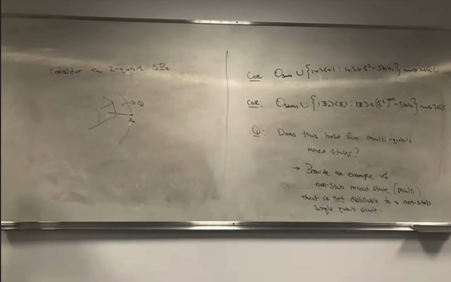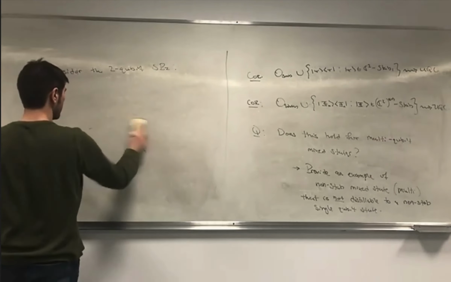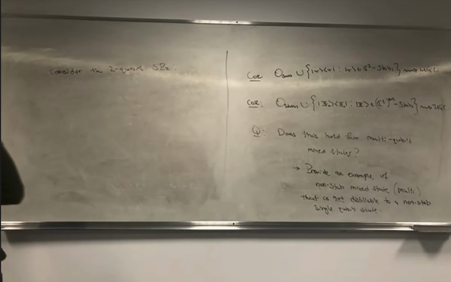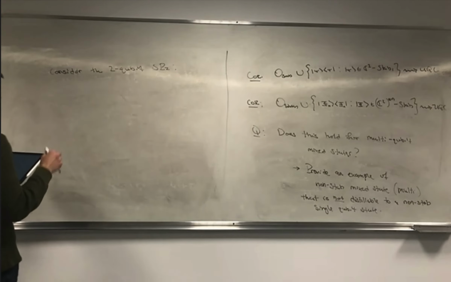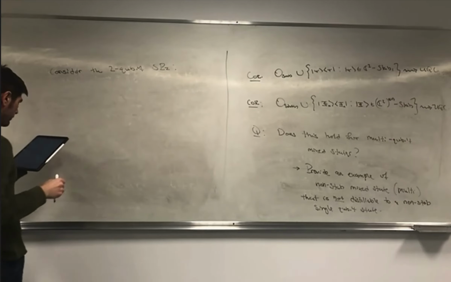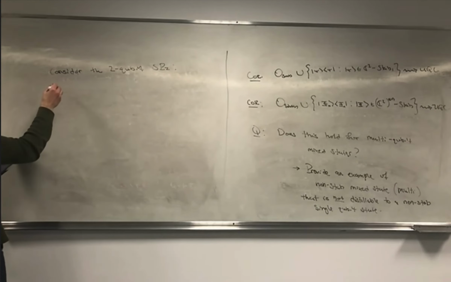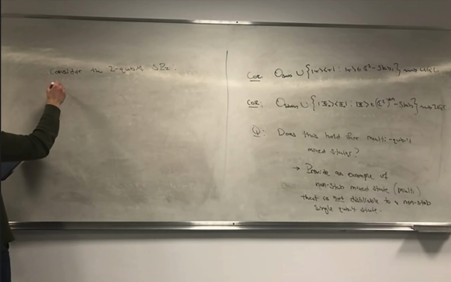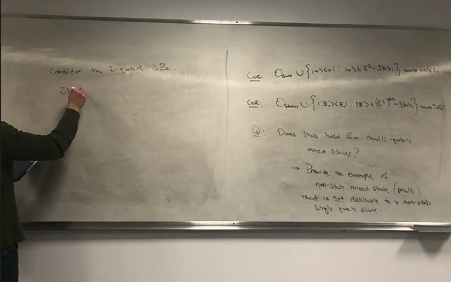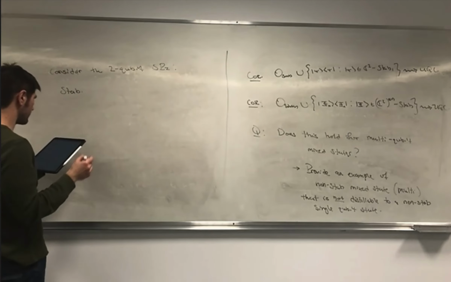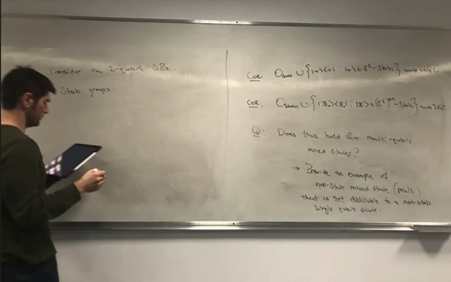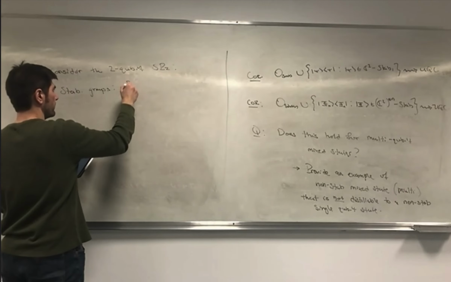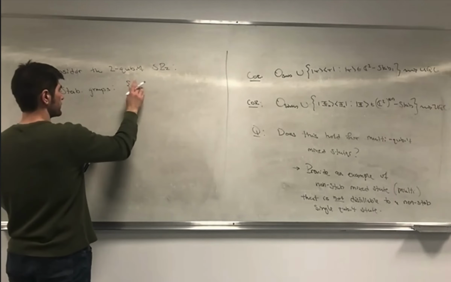Okay, so let's be a little bit more precise. So there are stabilizer groups that define stabilizer states. I will not write all of them down, but there's a few.